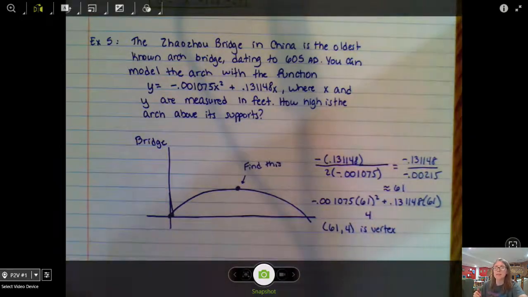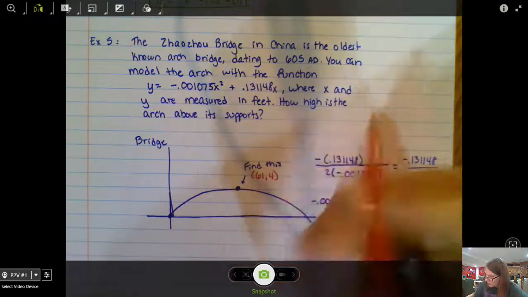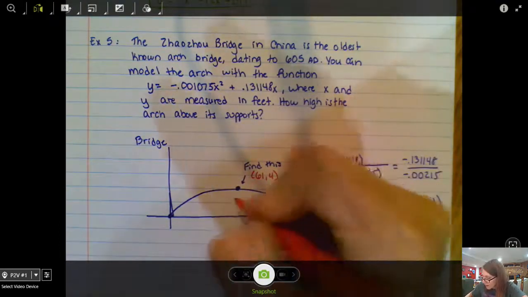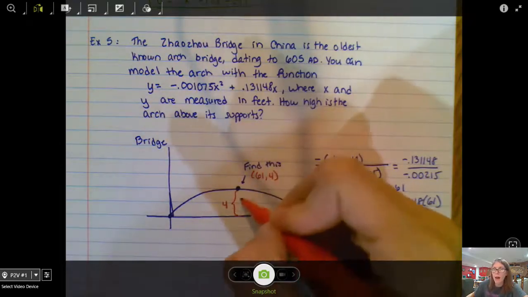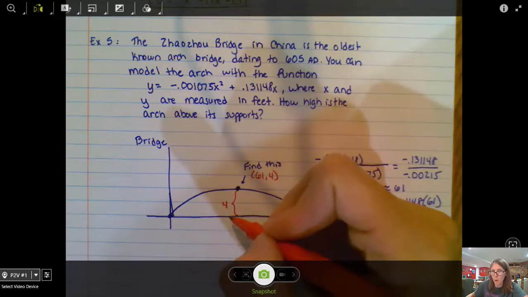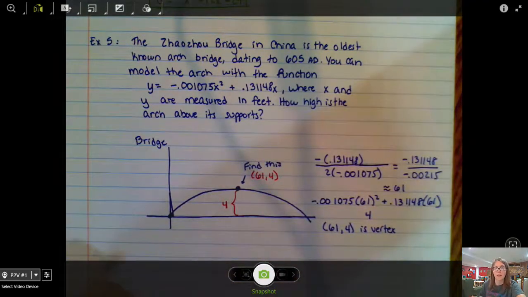Let's think about what this means as far as our bridge goes. 61, 4 is the vertex of our bridge, which means our y value is 4. The height of our bridge is 4 feet above its supports.